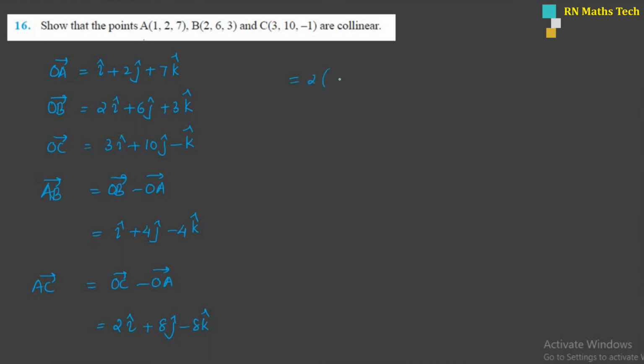So 2 can be taken outside. i plus 4j minus 4k, that is 2 into vector AB. That is vector AC is equal to 2 into vector AB.